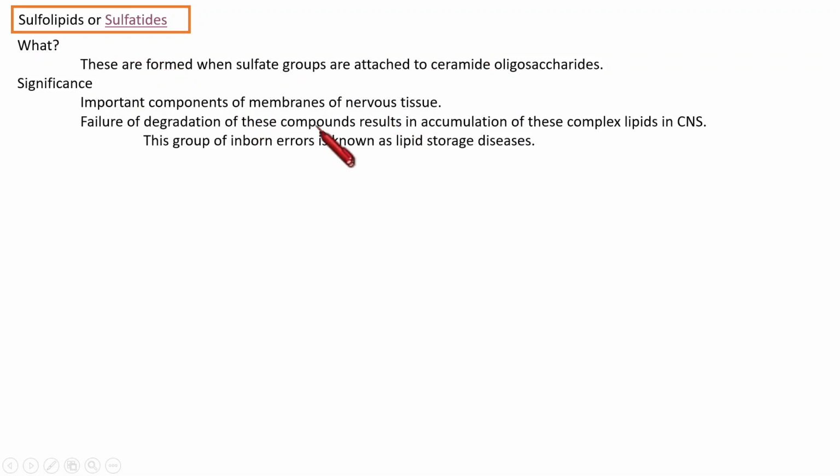So most of the lipids are very important in nervous tissue. When its level becomes high, it is very essential to degrade it to reduce its level. If the degradation doesn't happen, it will accumulate in the central nervous system, and that condition is called lipid storage disease. Okay, so these are the points associated with the sulfolipids.